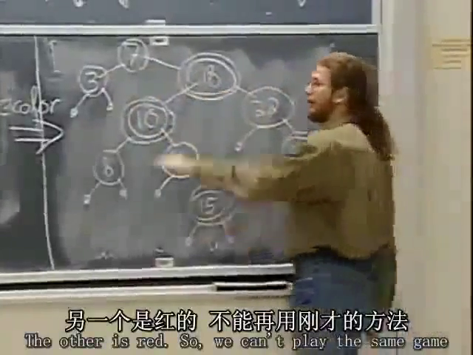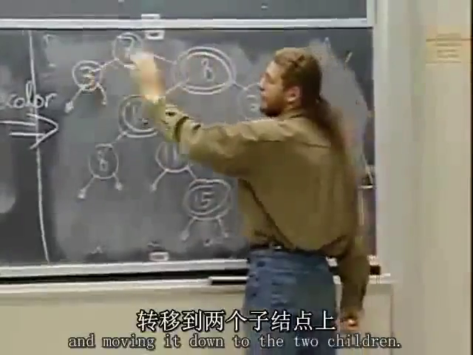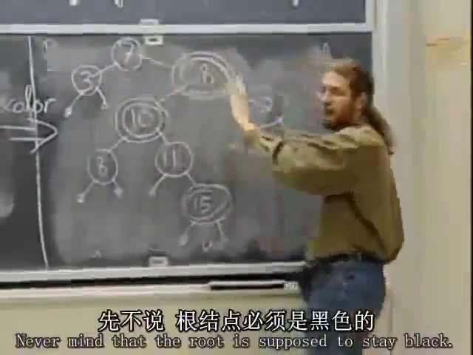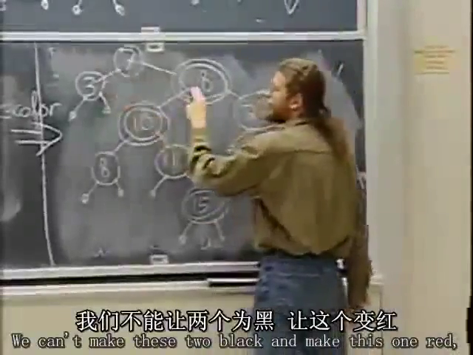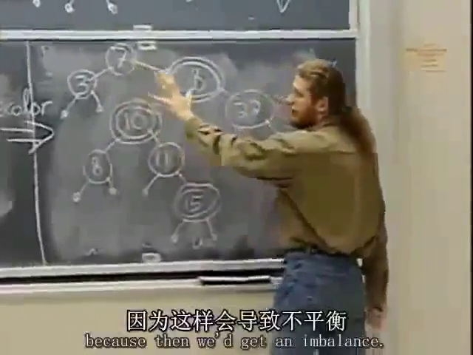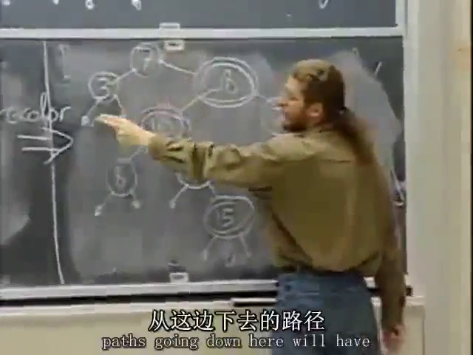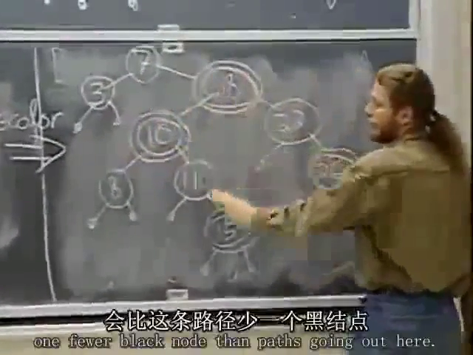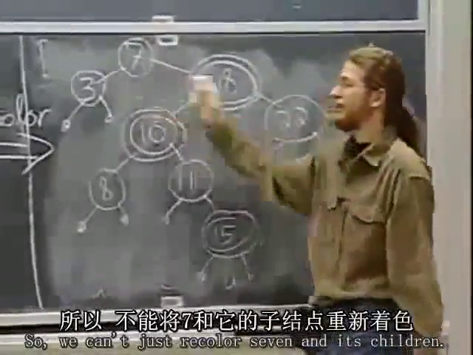So we can't play the same game of taking the blackness of 7 and moving it down to the 2 children. Never mind that the root's supposed to stay black. We'll ignore that property for now. We can't make these 2 black and make this one red, because then we get an imbalance. This one was already black, so now paths going down here will have 1 fewer black node than paths going down here. So we can't just recolor 7 and its children.